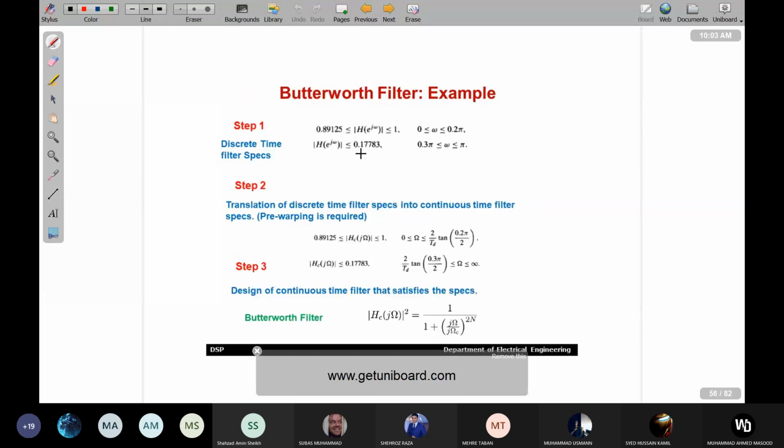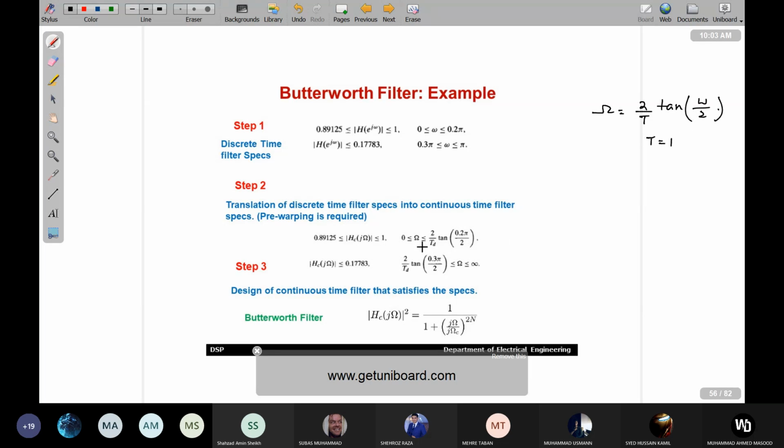Okay, exactly the same example. Fine, what is the first task? These are the discrete time filter specs. We know that these are discrete time filter specs because from 0 to 0.2 pi it is between 1 and 0.89, and from 0.3 pi to pi it is 0.17. Fine. What is the next task? Pre-warping, using the transformation, which is 2 over T tangent omega by 2, keeping T equal to 1.